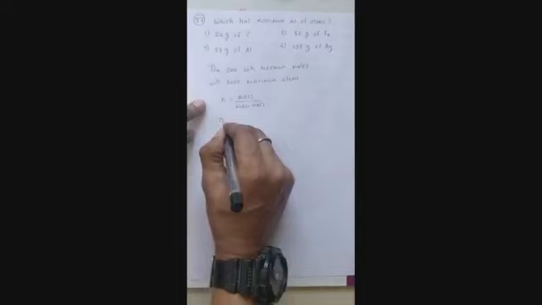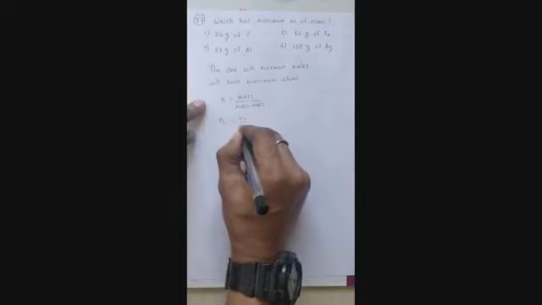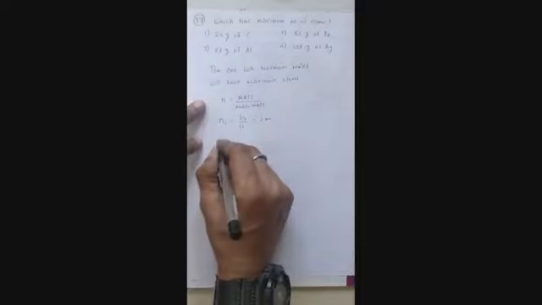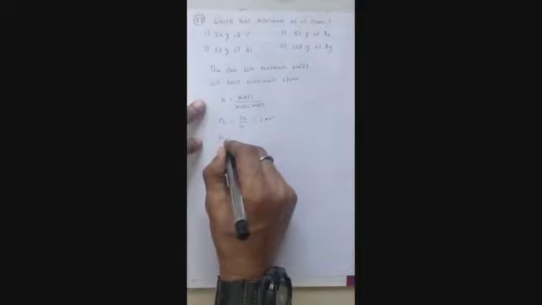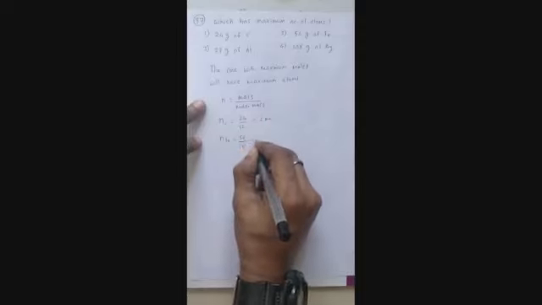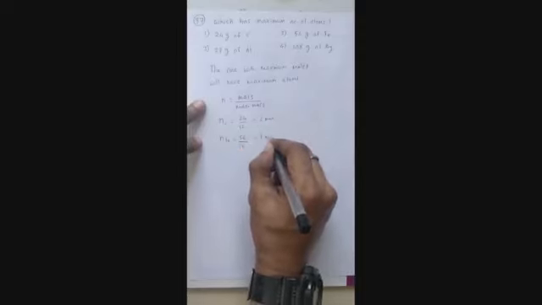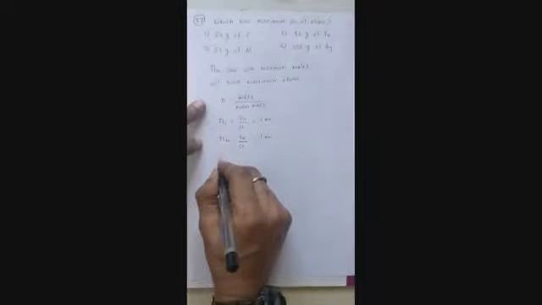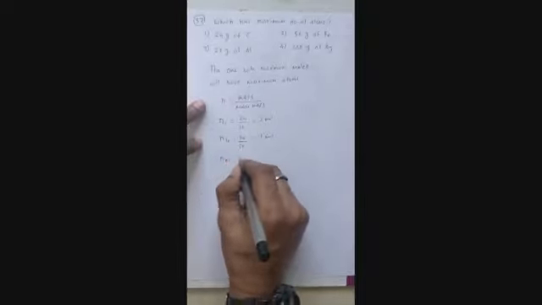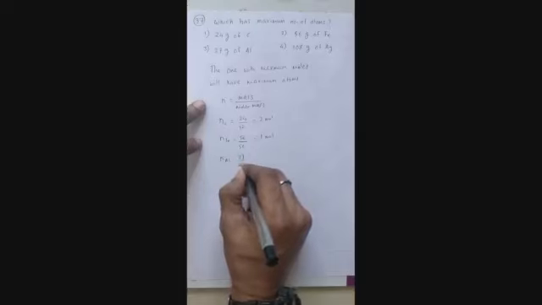So number of moles of carbon, the mass is 24 upon 12. Number of moles of Fe, the mass is 56 and the atomic mass or molar mass is 56. So this is 1 mole. Then we have number of moles of aluminium, again given mass upon molar mass.